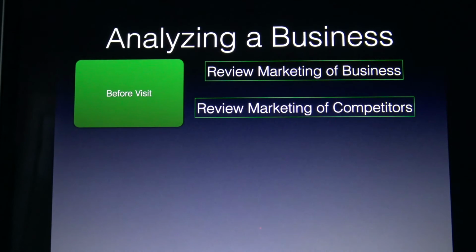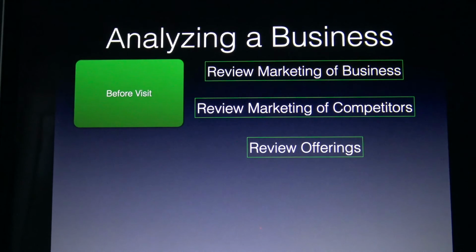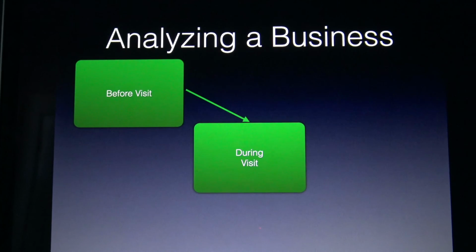Then do the same thing for the competitors and make a comparison. Whose marketing is better, and what are the different messages being provided by the different people in this business? And then review their offerings so you know what to expect when you get in there and you kind of have an idea in your mind, these are the offerings I expect to see coming up with this business.